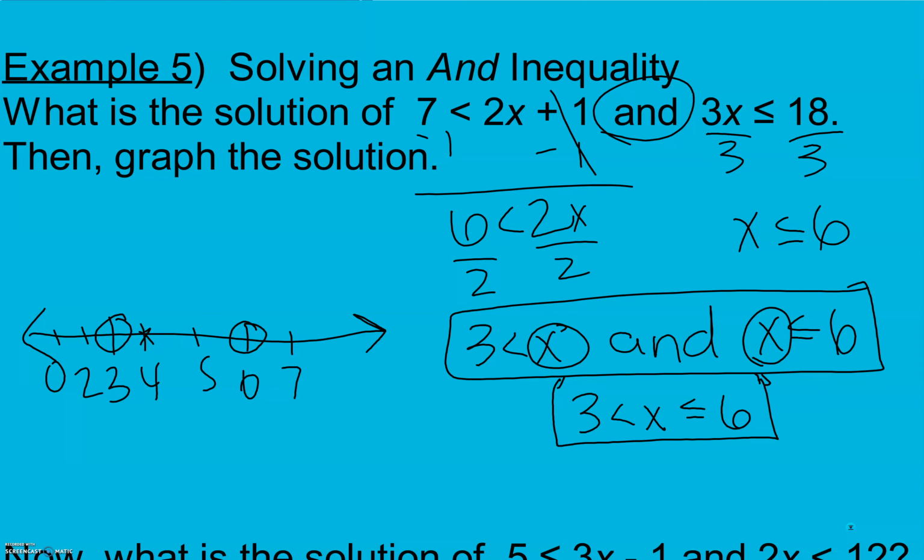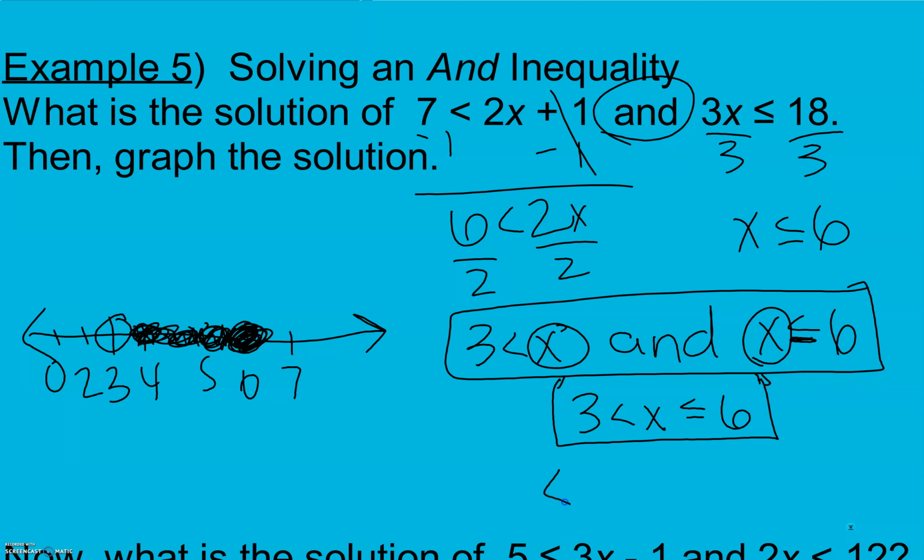And remember, our x is our solutions. That's just the part we shade. That's anything that makes it true. So x less than or equal to 6 are things like 5. So we're going to shade to the left of 6, to the right of 3, and only where they overlap. And then don't forget that we have the equal to with the 6, so that circle gets filled in as well.